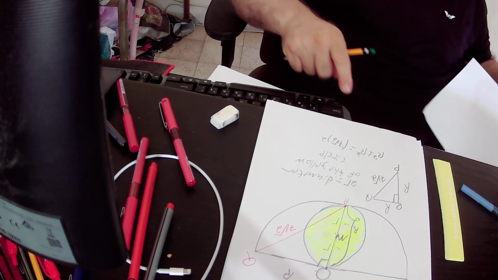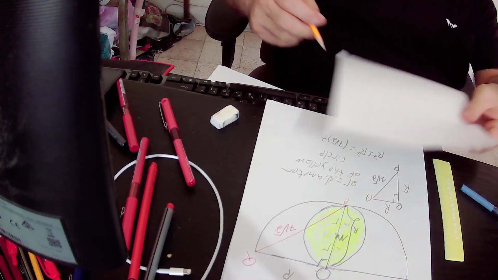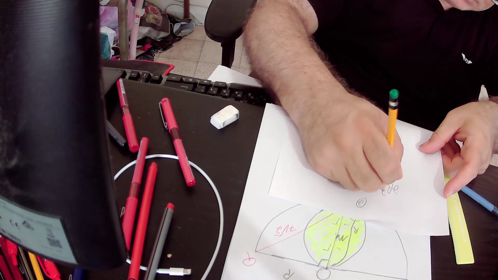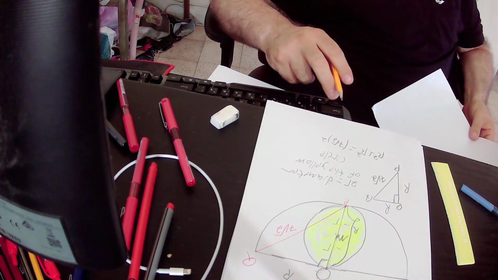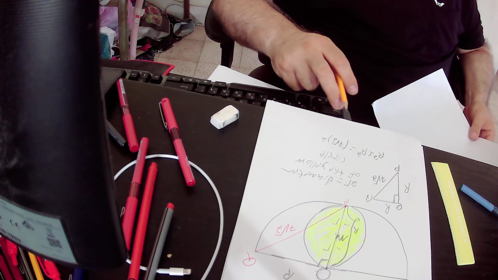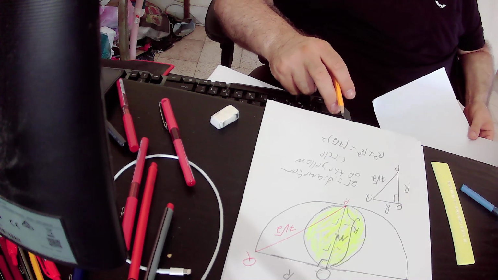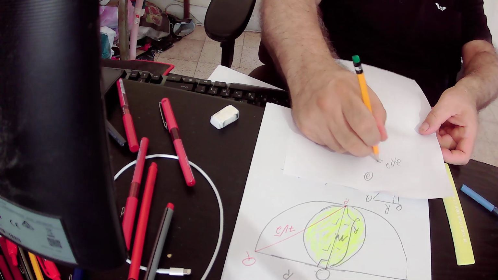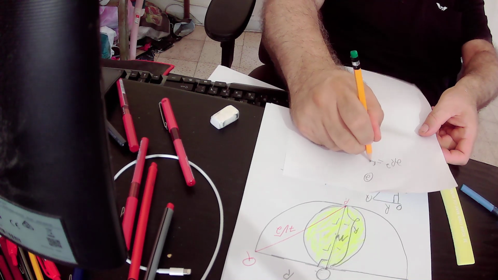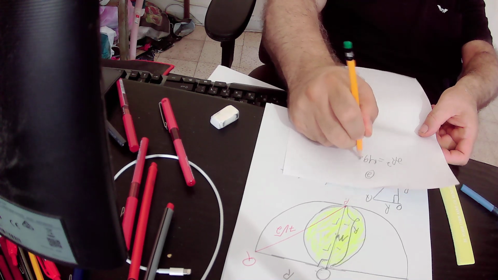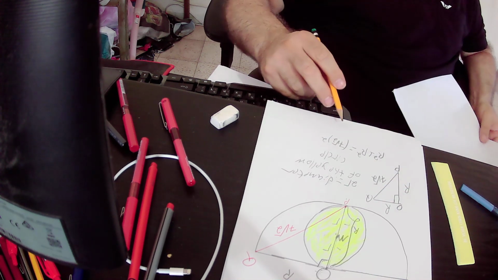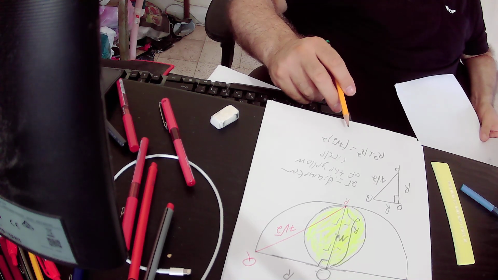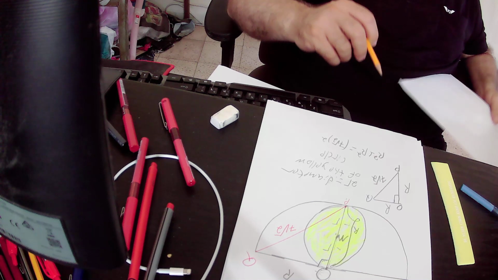R squared plus R squared equals 2 times R squared, and (7 root 2) squared equals 49 times 2.